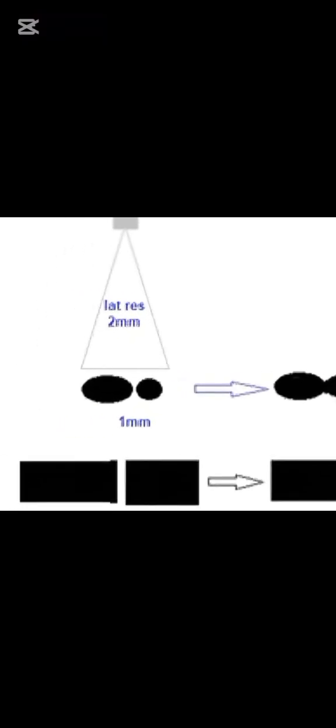Since the difference between them is less than 2 mm, the lateral resolution of the machine shows the picture as one entity. As you see, the lateral resolution is about 2 mm and the structures are 1 mm away from each other, so you see the red dot space. This shows us one structure.